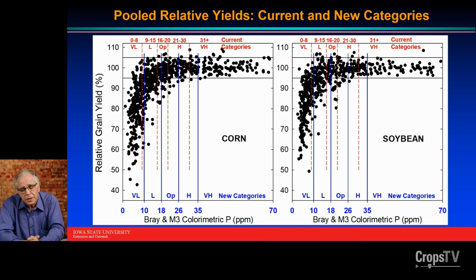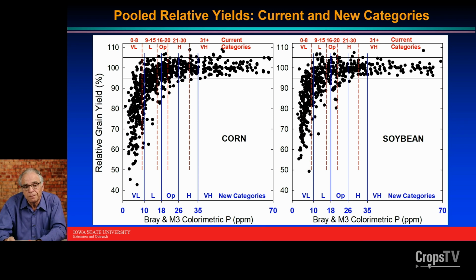So that's another main reason to change these interpretation categories, because Iowa farmers are sending samples to different labs. There are some differences there. And so we want to be sure that these are appropriate, but that they are not causing yield losses out there.